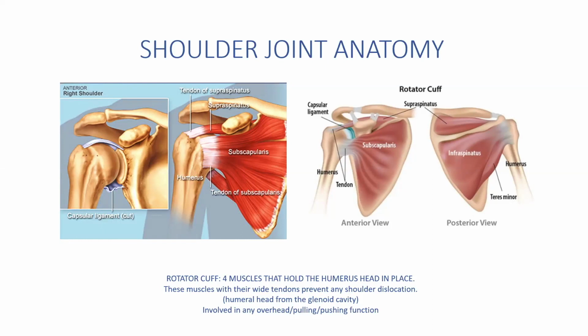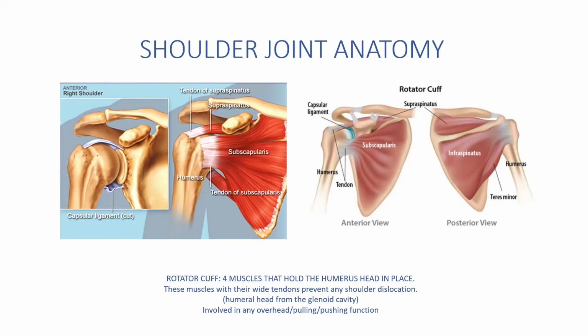So we recognize in the anterior part the subscapularis. This muscle is involved in any intra-rotation of the arm. So imagine our elbow at 90 degrees attached to the side of the body. Anything that we do turning inside, in intra-rotation, that's our subscapularis that works.